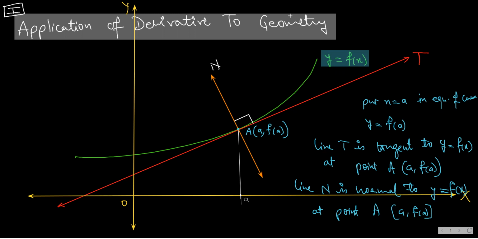When we have the equation of the curve and one point on the curve, with these two data we can get the equation of the tangent. We can find the equation of this line, and we can also find the equation of the normal. But now, how is it done? Let us write the steps.